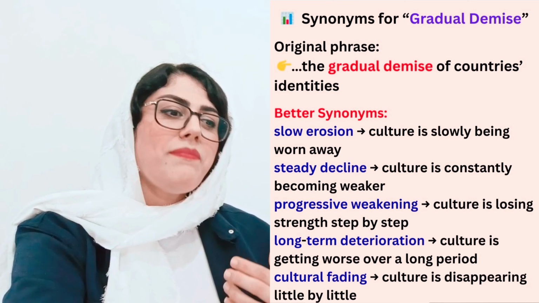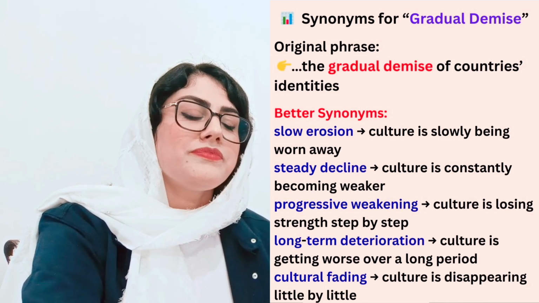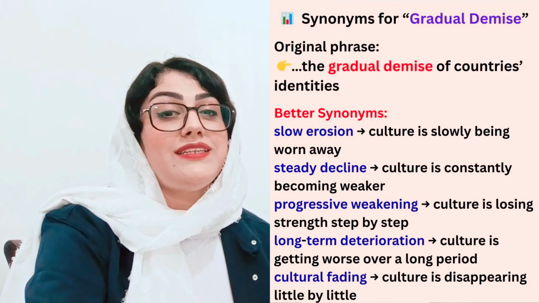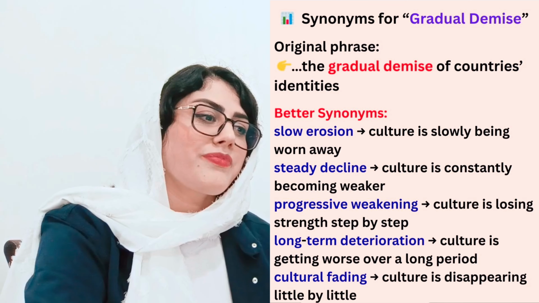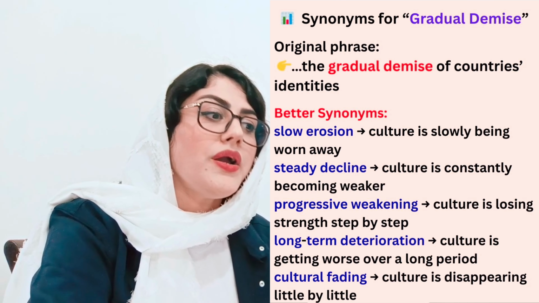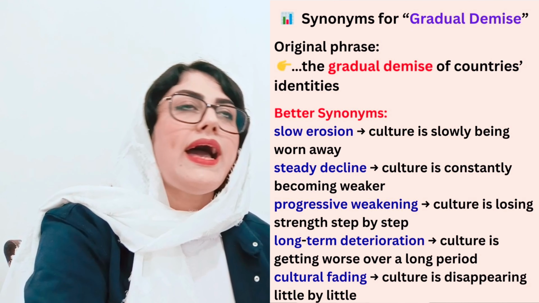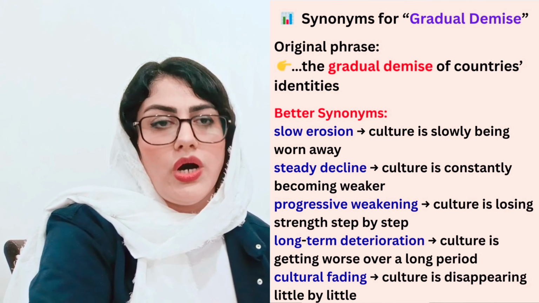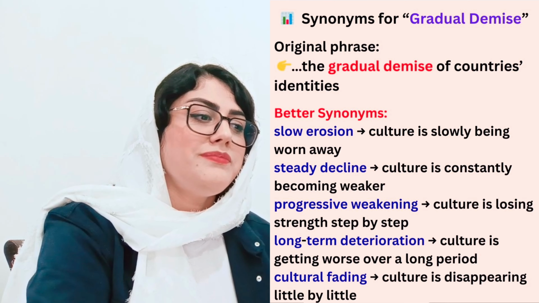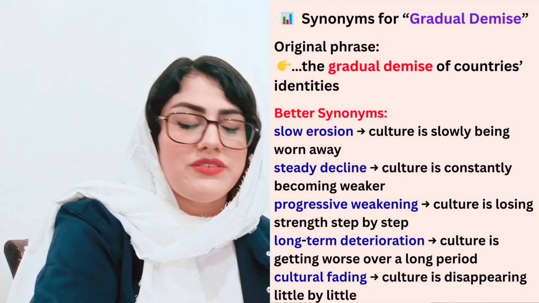For something that weakens little by little, use steady decline, slow erosion, or progressive weakening. If the process happens over a long time, call it long-term deterioration.